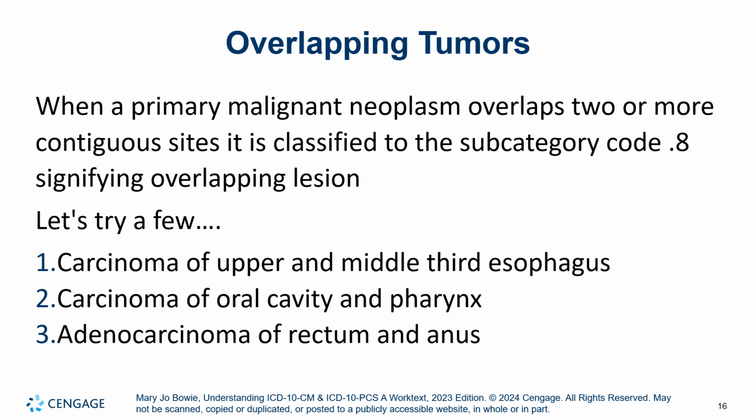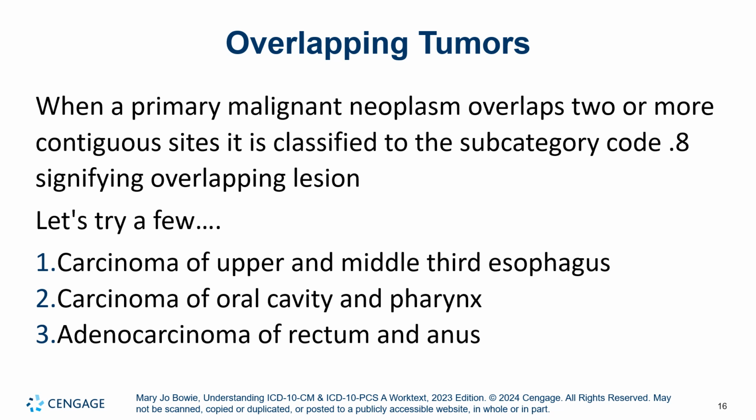So we're going to look at a few examples here. What you're going to do is go into your neoplasm table and go to esophagus. And esophagus is on page 347.